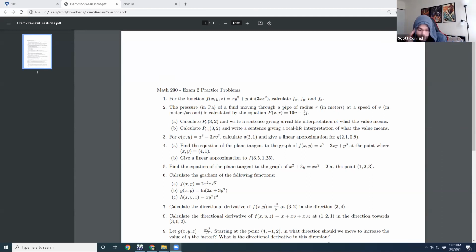Okay, so we have an equation describing the pressure of a fluid moving through a pipe in terms of the radius and the speed of the fluid. So we need to calculate the partial with respect to r at 3, 2.